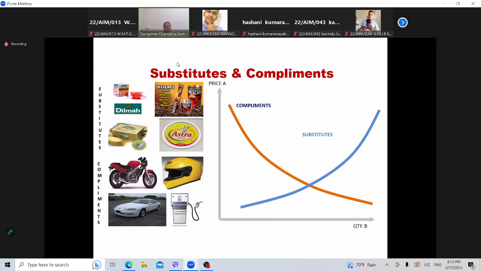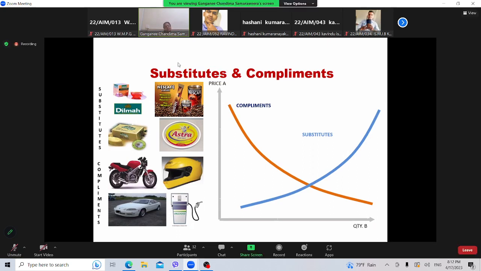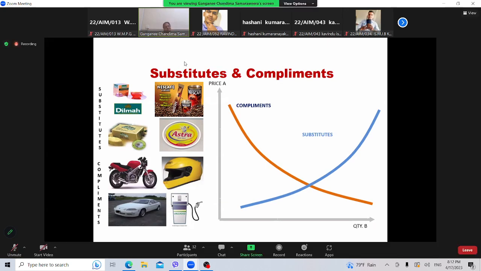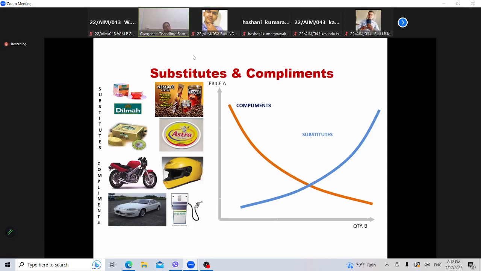Let's say pen and ink. So when price of A is high, quantity demanded for another product is also low, because no need to go for this product, that is complementary. That's why inverse relationship between complementary goods. Okay, high price, low quantity demanded, two products.